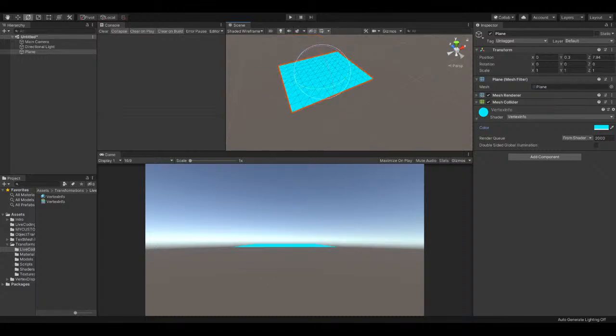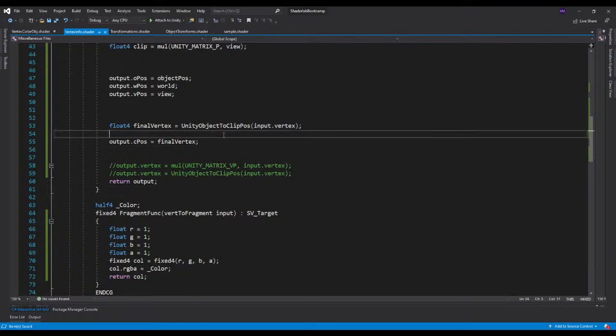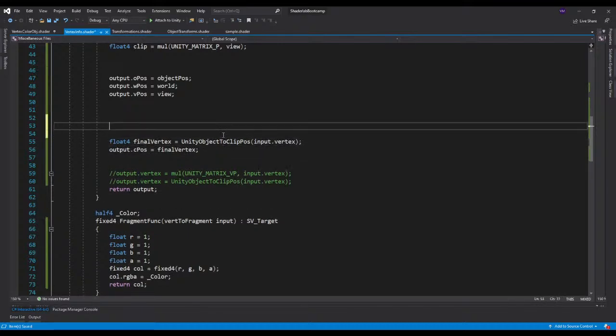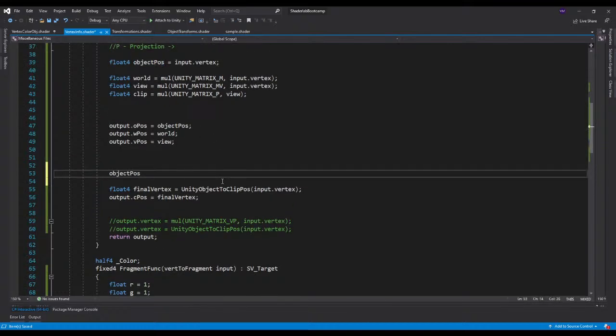Perfect. Now we are going to make modifications to this in the object space. How do you do that? You first take the object space. This is the object space position. Right now we have defined it as input dot vertex. Now you take a sine wave example, guys.